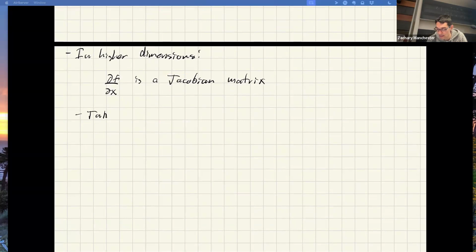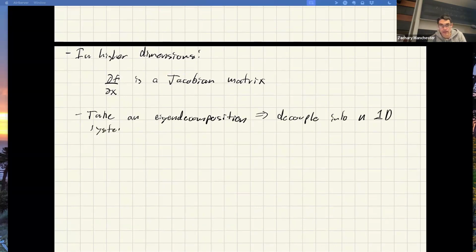Okay, so what we're going to do is take an eigen decomposition, and that is decoupling into n 1D systems. And we already know what a 1D system looks like. So then we've got this condition: the real parts of the eigenvalues of df/dx. By the way, I'm using Julia notation; eigvals is the function in Julia that does this.